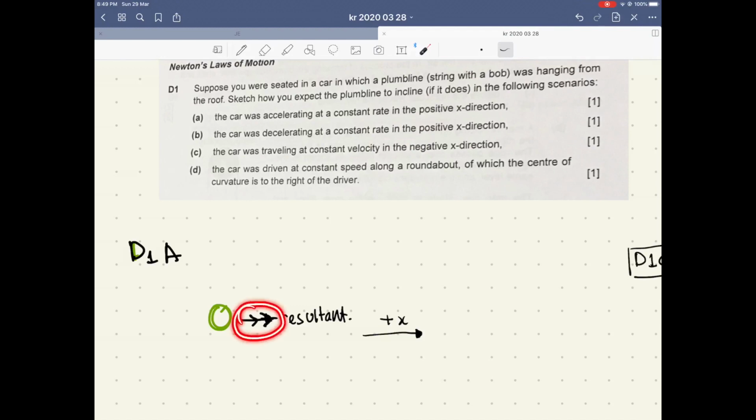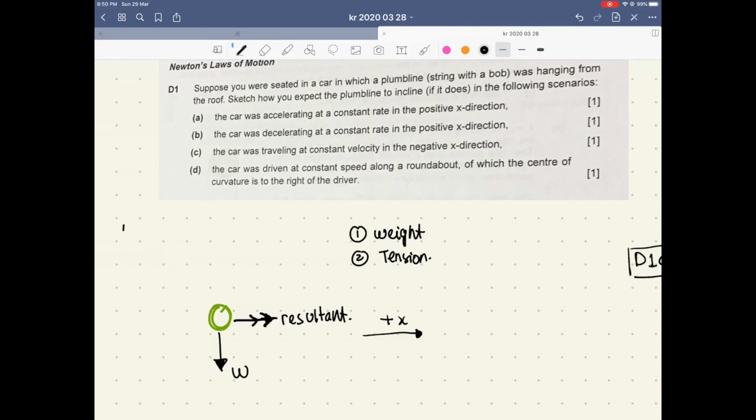See, I draw two arrows, and it's pointing to the right, which means after we combine all the forces, it must point to the right. There are two forces. One is the weight, and number two is the tension, because it's a string with a bob. The one that confirms the direction is the weight. The weight is pointing down.